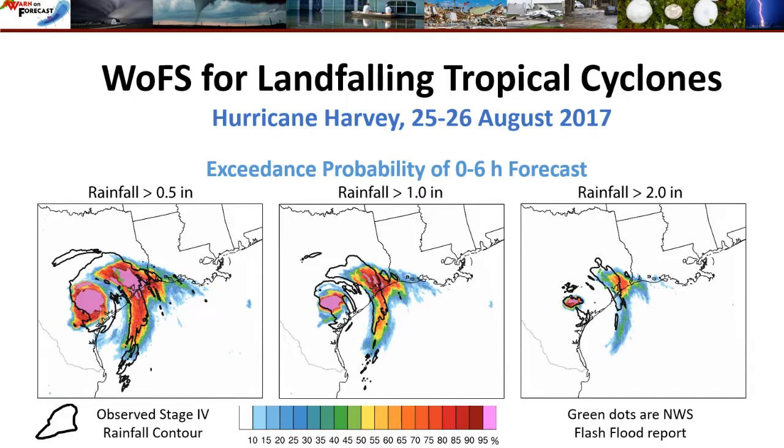And the colors you see are the probabilities. Again, the WoFS forecast probabilities compare reasonably well in terms of the areal coverage of the observed rainfall. The main thing is the system did predict the precipitation core approximately at the correct location. And of course, there are differences in the detail in the areal coverage and the amount.